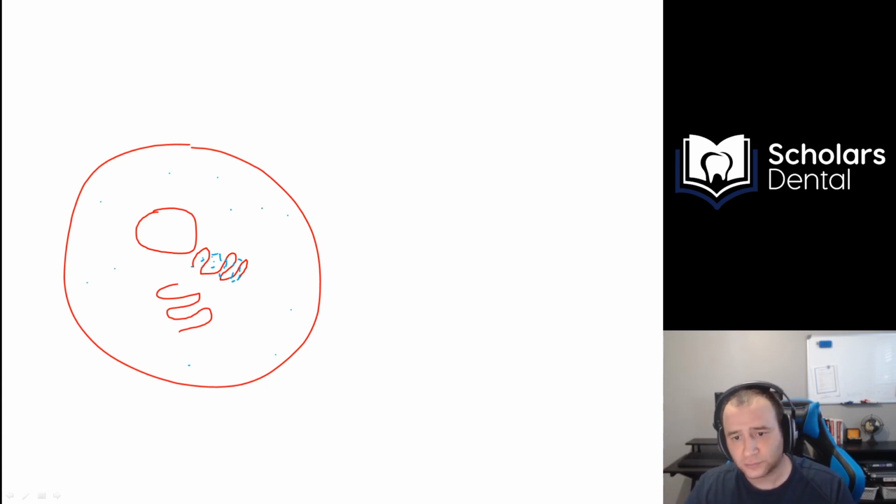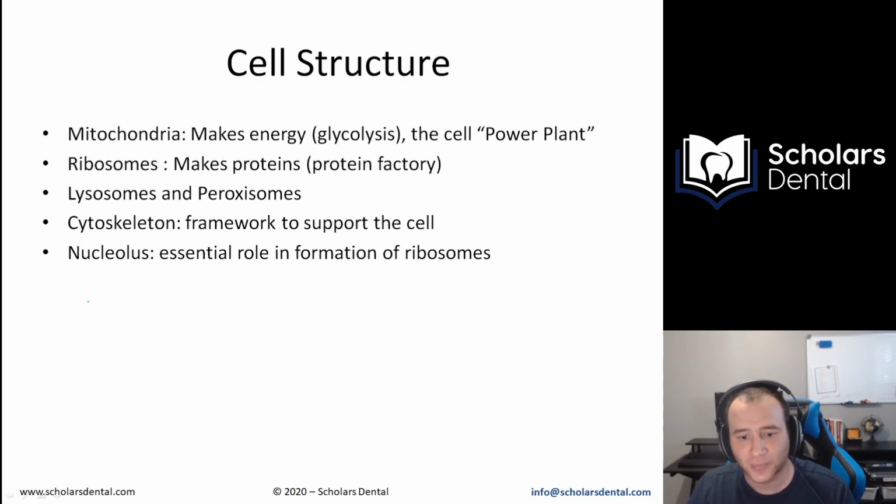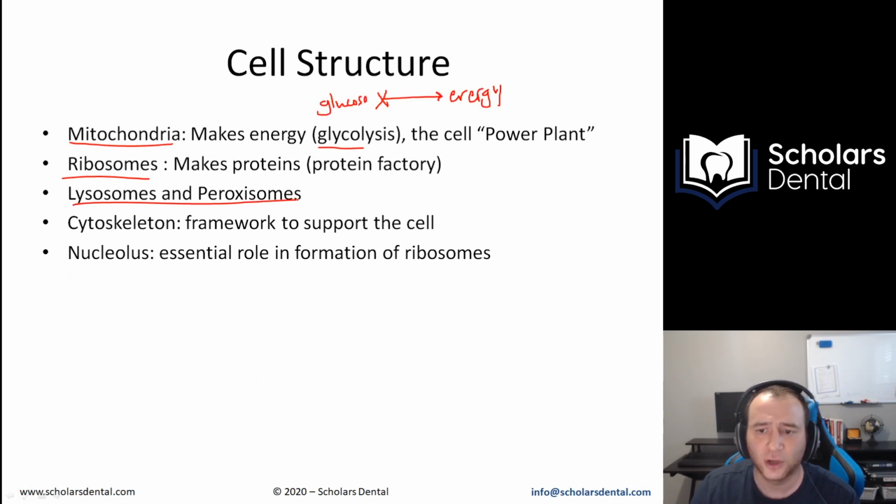These ribosomes also make protein, but they make protein that stays inside the cell. So ribosomes on the rough ER make proteins that are leaving the cell. Ribosomes in the cytoplasm make proteins that are staying in the cell. Then we have other things like lysosomes and peroxisomes, which are kind of like waste management. They take care of all the byproducts.